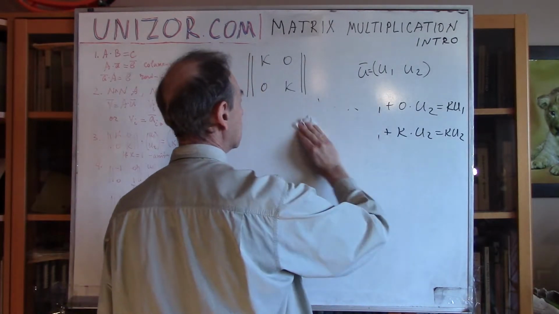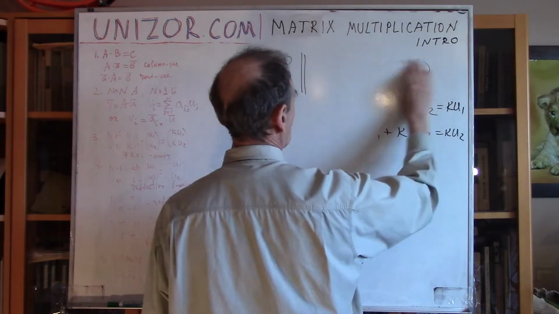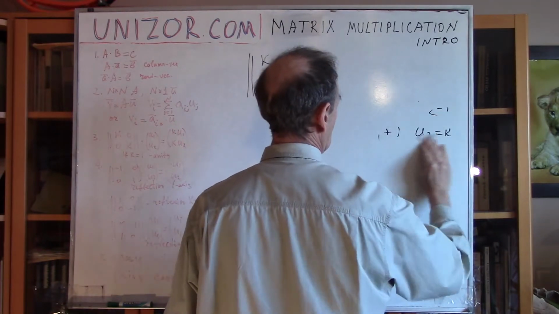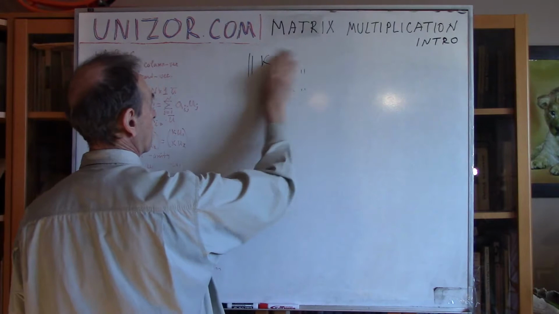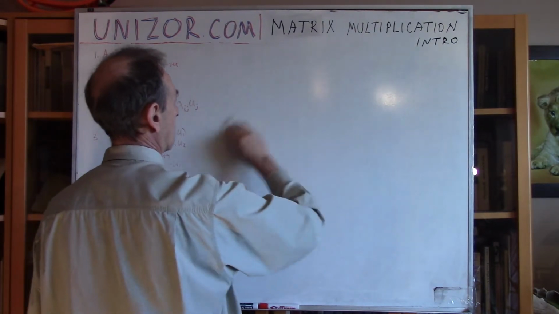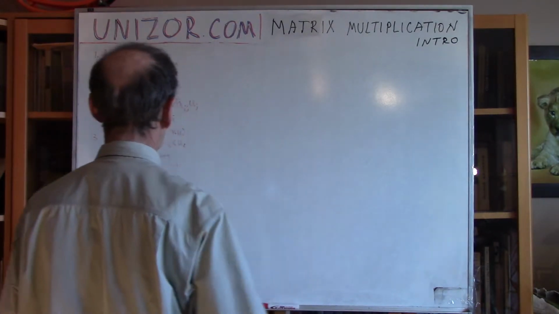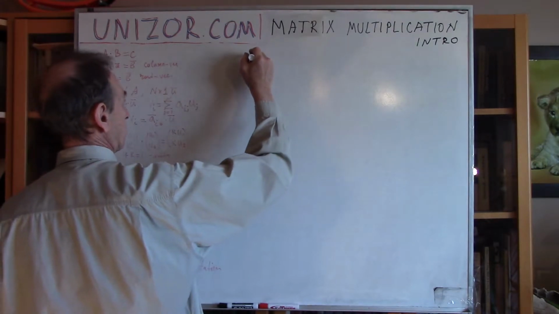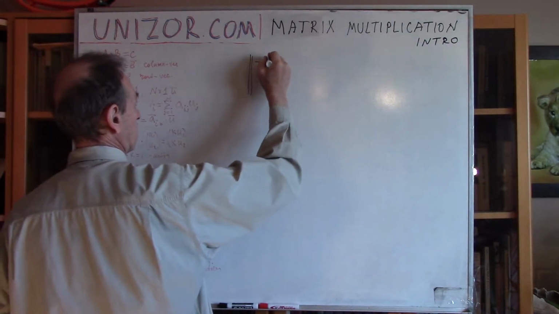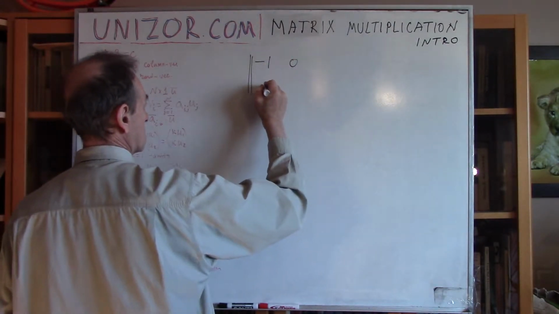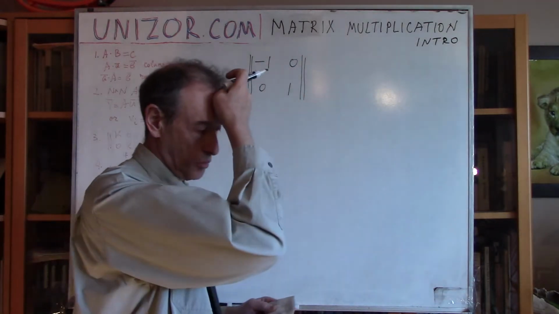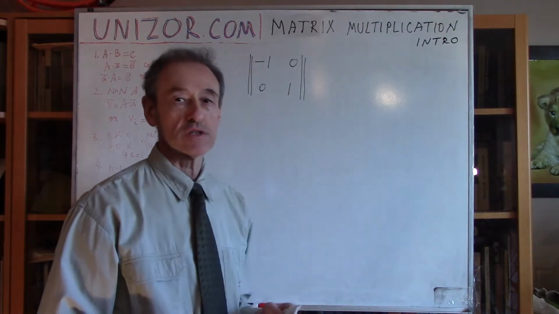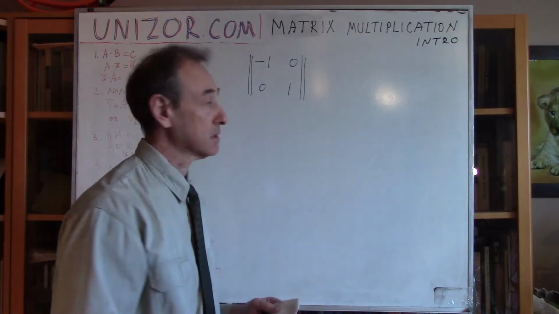Another example of a linear transformation: -1, 0, 0, 1. What kind of a transformation does this particular matrix represent?